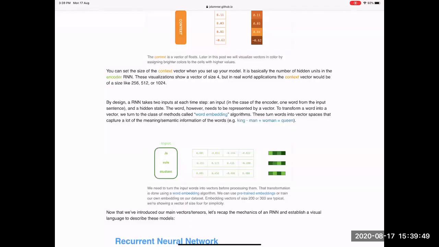We require an embedding that captures the semantic meaning of the word. King and queen can be close to each other, man and woman can be close to each other, but man and king are also close, and woman and queen are also close.